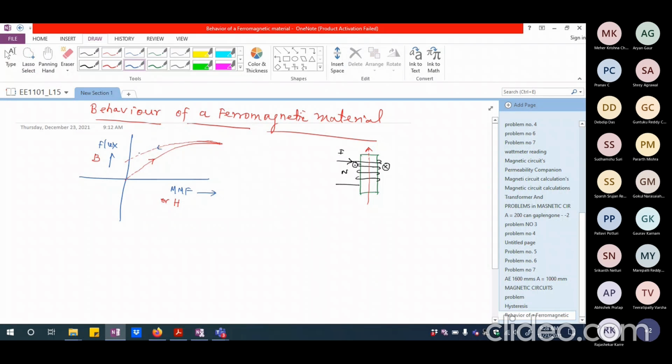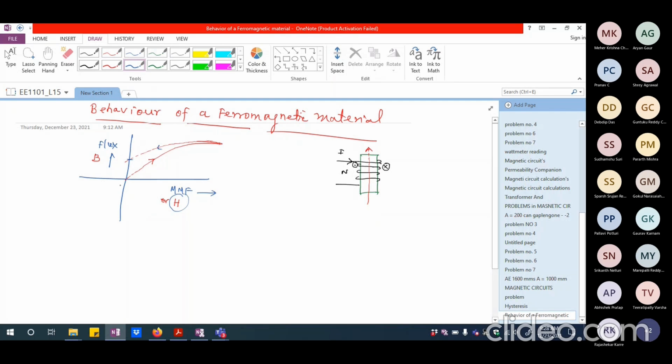So this is the path in which it is going to come down. But when the current becomes zero or the magnetic field intensity becomes zero, even at that point there is some finite amount of flux density left over.